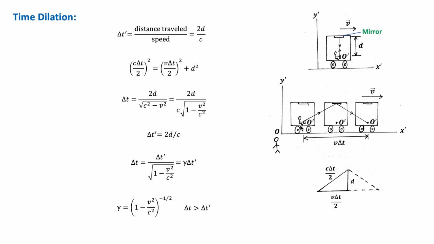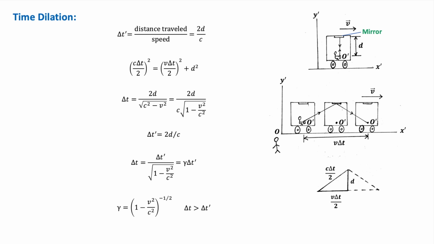According to the second postulate of special relativity, both observers must measure c for the speed of light. Because the light travels farther in the second frame, the time interval delta t measured by the observer in the second frame is longer than the time interval measured by the observer in the first frame. This is because the speed of light is the same, equal to c, for both observers.